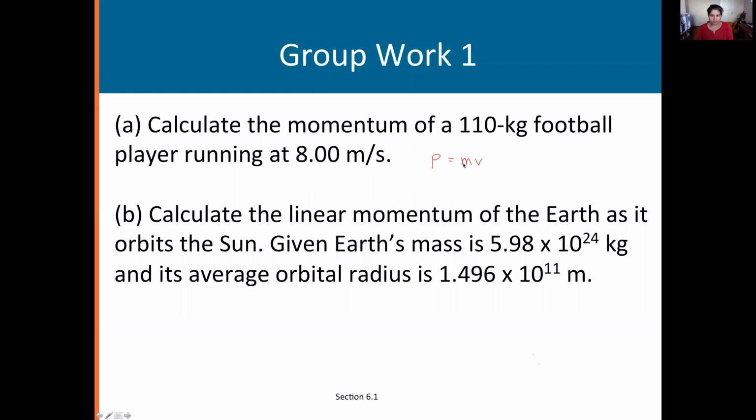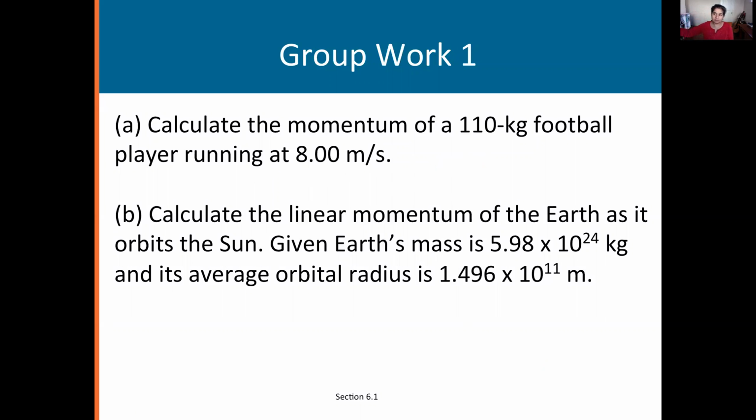What about the next case? Part B of this problem, calculate the linear momentum of the Earth as it orbits the Sun. So here we see that there's a word preceding momentum, and it's called linear momentum, which is really what we are studying now, momentum in a given direction, right?